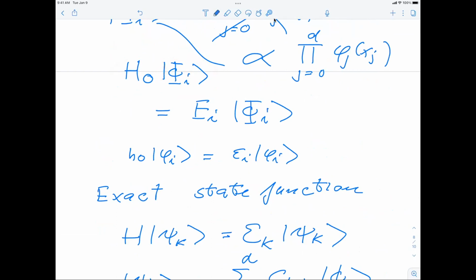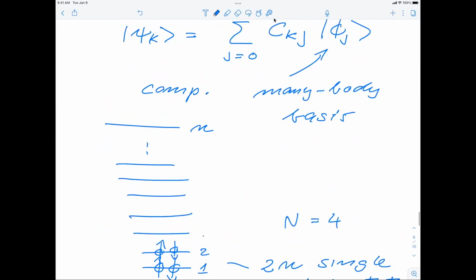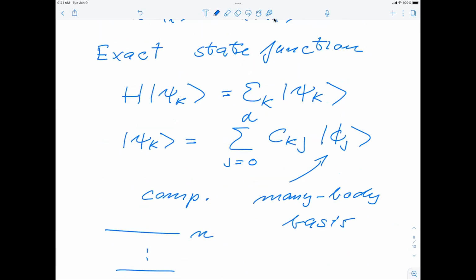Since this is going to be an orthonormal basis, I can always expand my exact solution in terms of this basis. You see the basic philosophy? This is essentially what many-body physics is: to find efficient ways of defining an effective Hilbert space, and then use one of the methods like full diagonalization. You can use many-body perturbation theory. You can use coupled cluster theory to get an estimate of the ground state energy or other excited states.